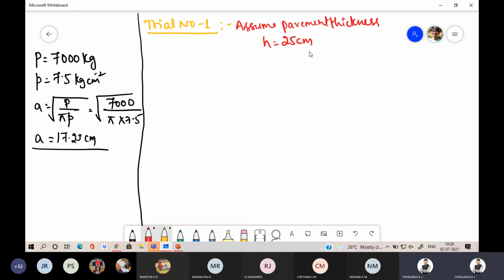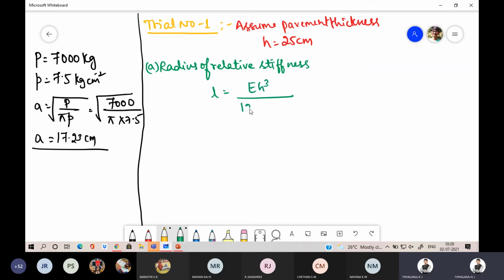Now calculate the radius of relative stiffness. L is equal to (E h cube divided by 12 k into (1 minus mu square)) whole power 1 by 4.